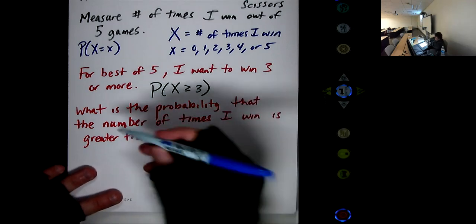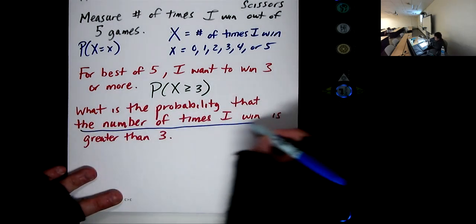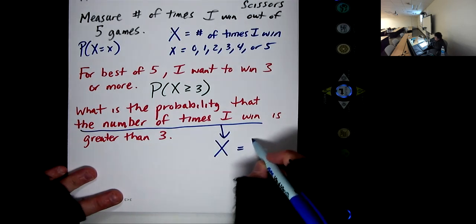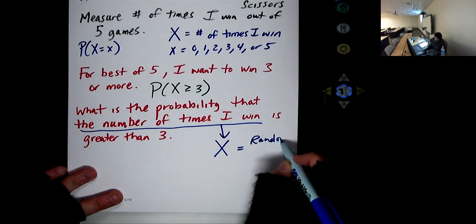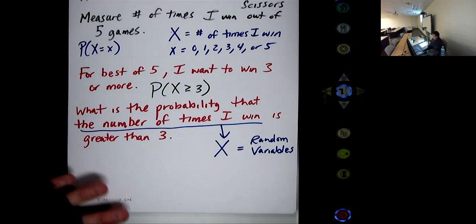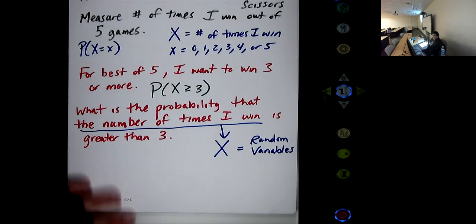The number of times I win is actually what I called the big X up there. This is my random variable. It's random because it could take on the values of 0, 1, 2, 3, 4, or 5.